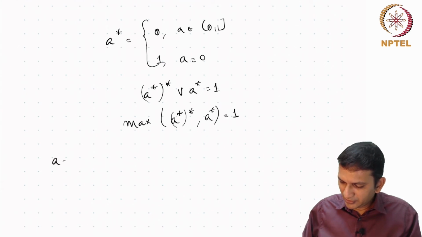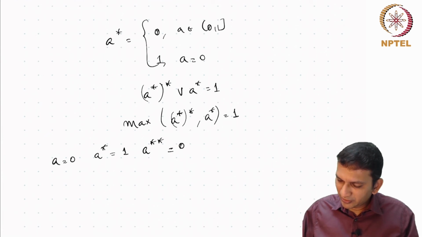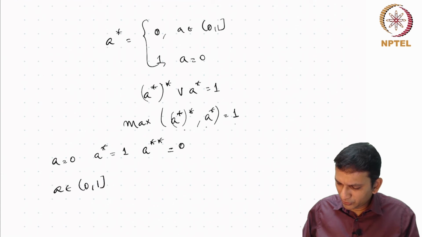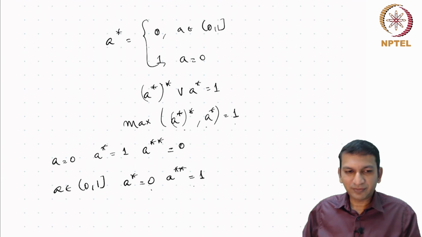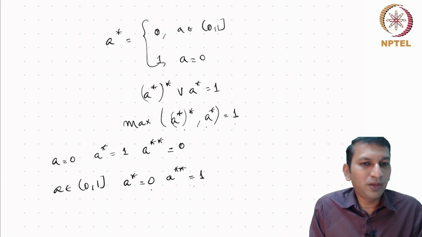Now if A is 0, then A star is 1, A double star is 0. So when you substitute here, you see that this is 0, this is 1, and the max of these two is 1. If A belongs to (0, 1], then A star is 0 and A double star now is 1. Once again, the max of these two is 1. So clearly, this pseudo complement operation satisfies the Stone identity.